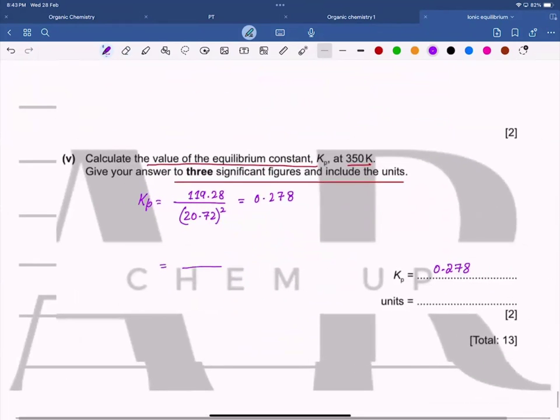The unit is kilopascals: kilopascals in the numerator and kilopascal squared in the denominator. So it cancels out partially, and we are left with kilopascal inverse, kPa to the power of minus one. That is the unit. Is this clear to all of you? Yes, sir.